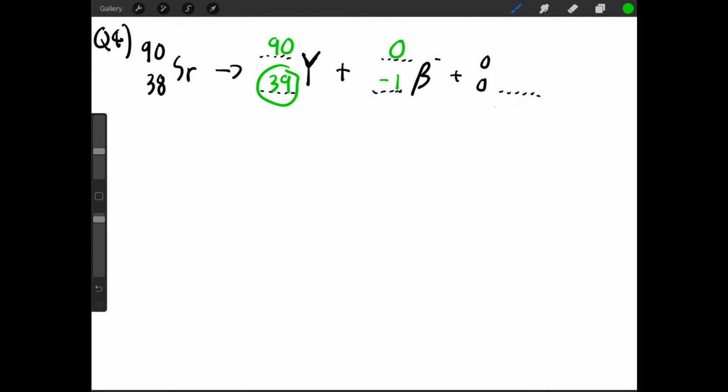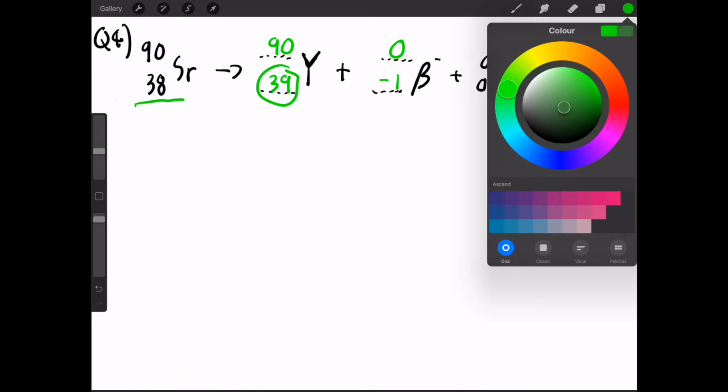But this actually upsets lepton conservation, because now we have an electron with a lepton number of -1, and over on this side we have no lepton numbers because there's no leptons involved, so we need to give an anti-lepton which will come out, and in the vast majority of cases that will be the anti-neutrino. In fact, in all cases at A level you can assume that to be the case.